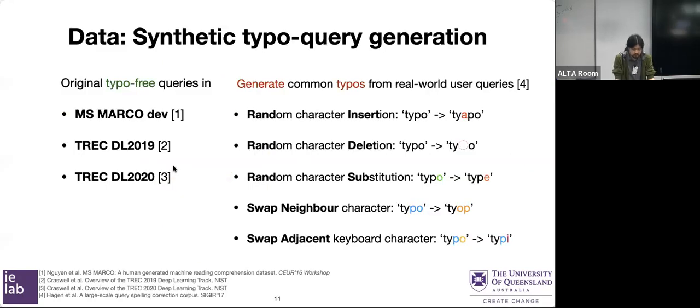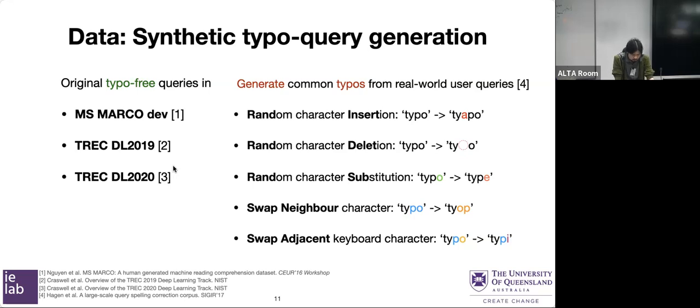So first, to see whether dense and sparse retrievers are robust to queries with typos, we follow the previous work introduced before in generating synthetic typo queries. Because there is no large-scale dataset that has enough queries with typos and associated labeled passages available, we had to resort to generating it synthetically. The synthetic typo query generation involves queries that don't contain typos from 3 datasets: the MS MARCO passage ranking development query set, and TREC DL 2019 and 2020.